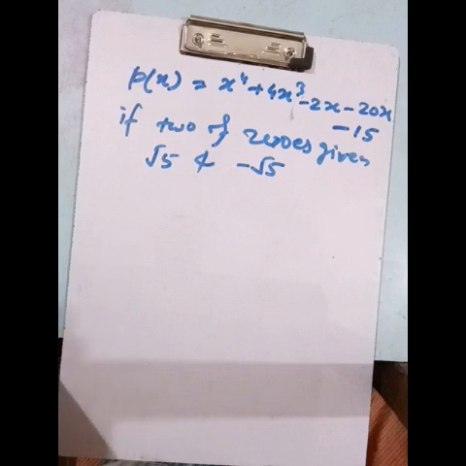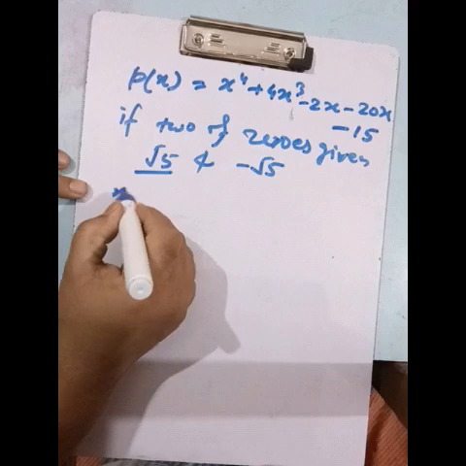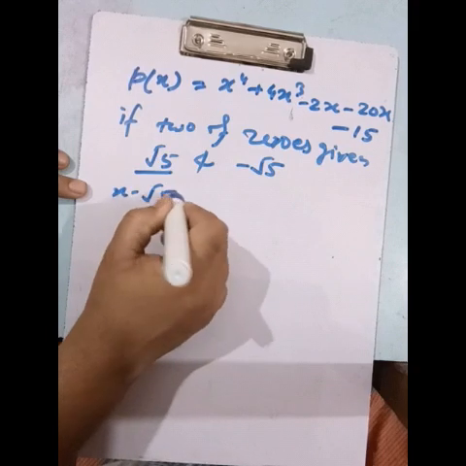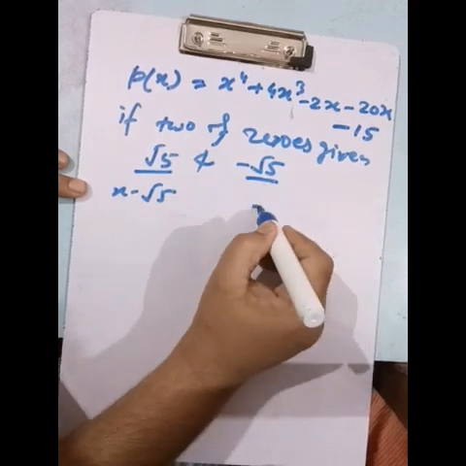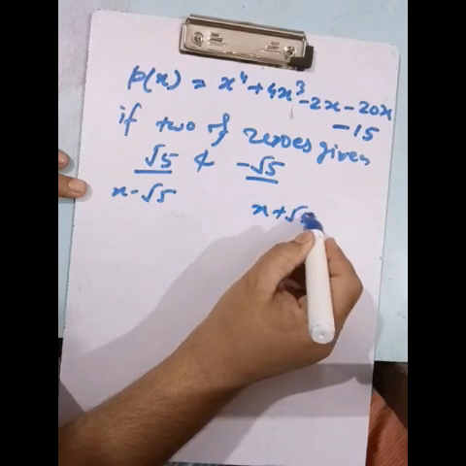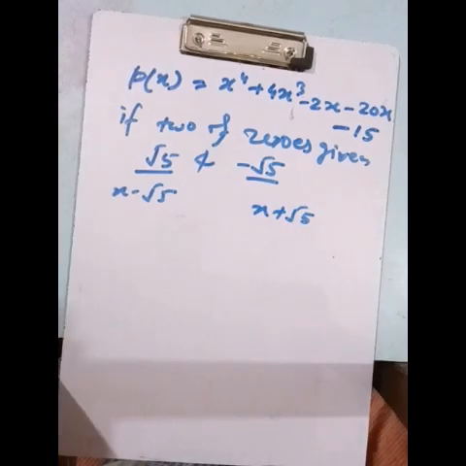Whenever we get this type of question, we use the factor theorem here. As root 5 is a zero, x minus root 5 will be a factor, and minus root 5 is a zero, so x plus root 5 will be a factor. So what we have to understand is, if a zero is given, we can find the factor.